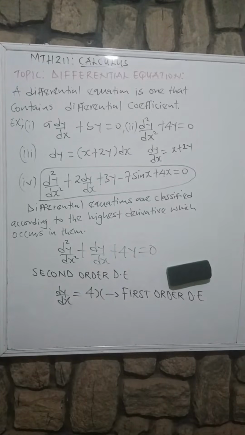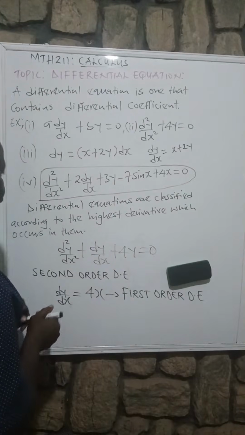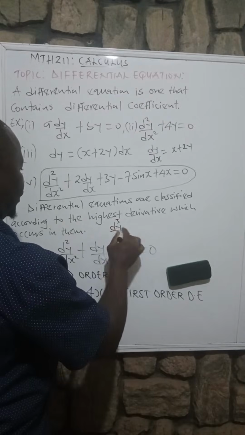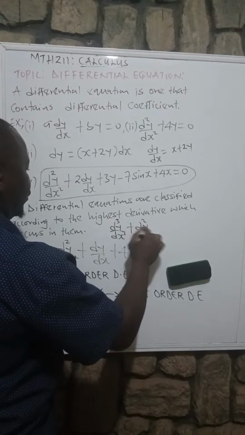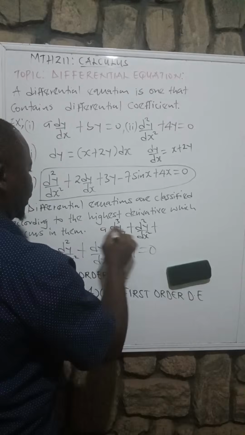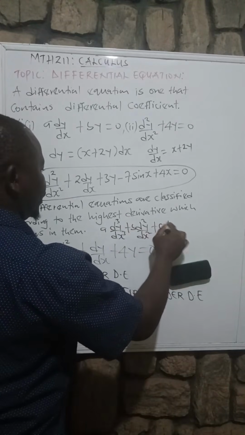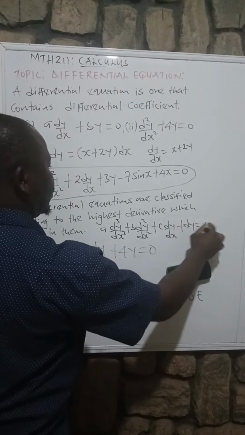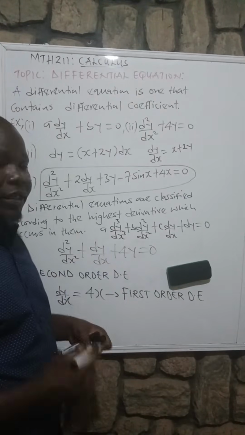So then what if you see something like this: d cubed y all over dx cubed plus d square y all over dx square, let's say this is A, this is B, C, plus dy all over dx plus y equals to. What is the highest derivative?